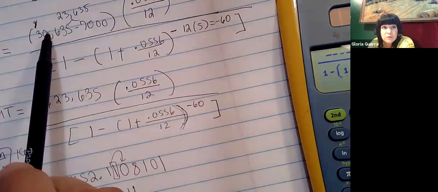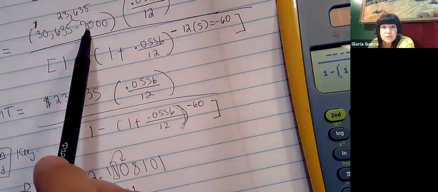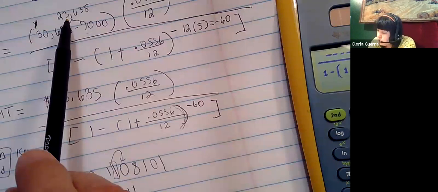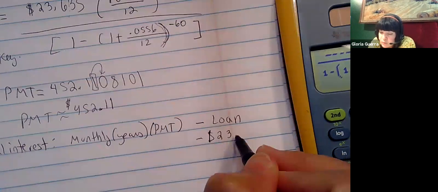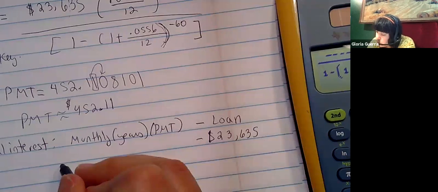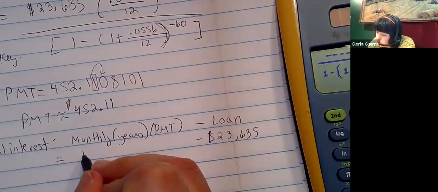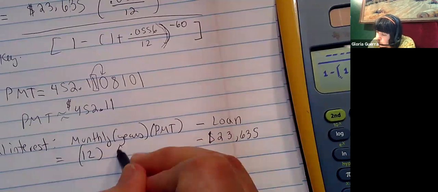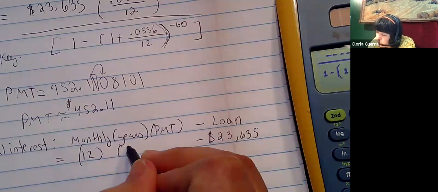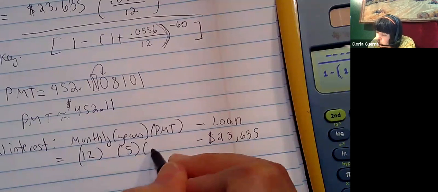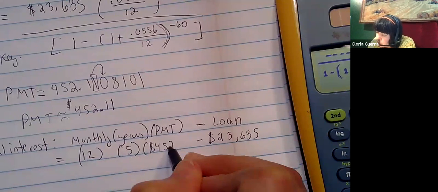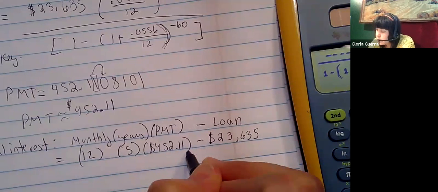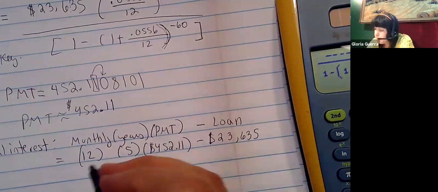Remember, this was the price of the car, but you put down $7,000, so that's the $23,635. So we're doing this every month for 5 years, and the payment was $452.11.